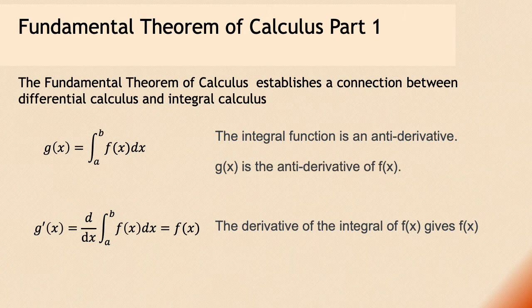The integral function is an antiderivative. So this g of x is equal to the definite integral of f of x dx. G of x is actually the antiderivative of f of x. So to find the integral, you would find the antiderivative of f of x.